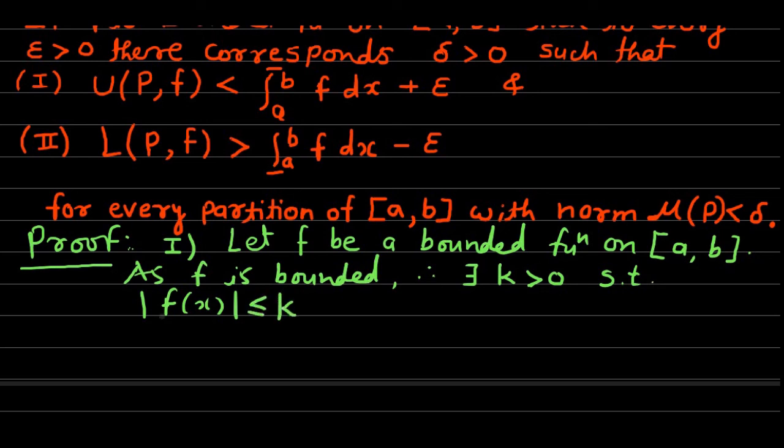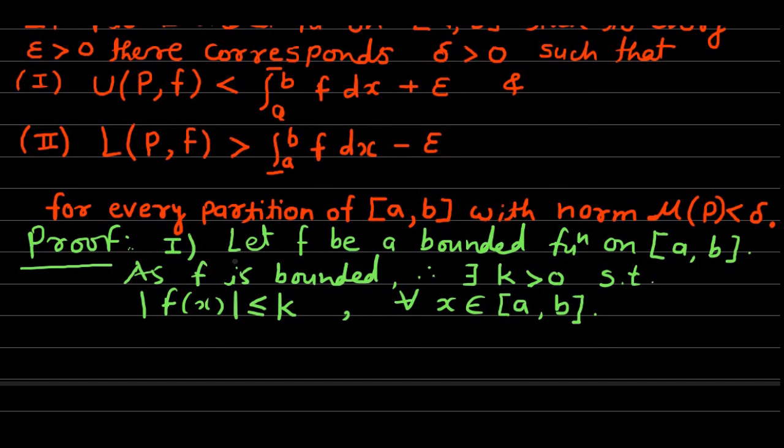Mod of f(x) is less than or equal to k, and this is for every x belonging to the closed interval [a, b]. Later on we are going to use this one.